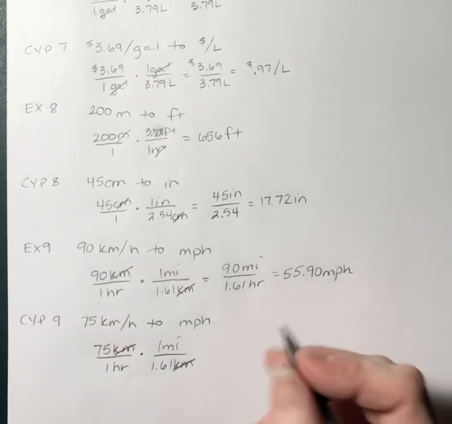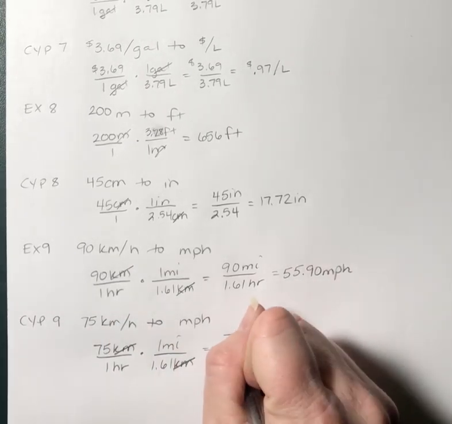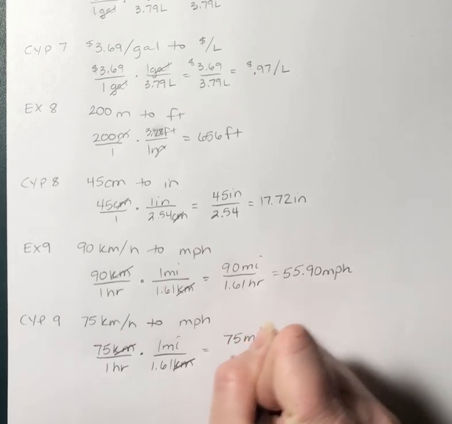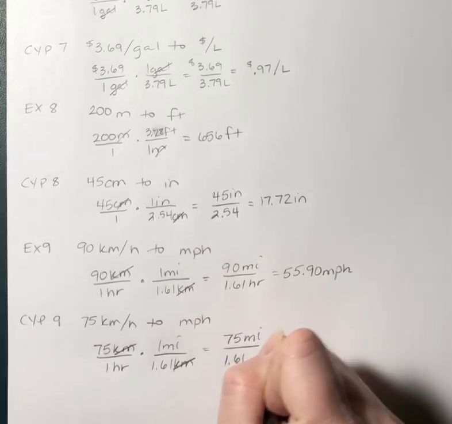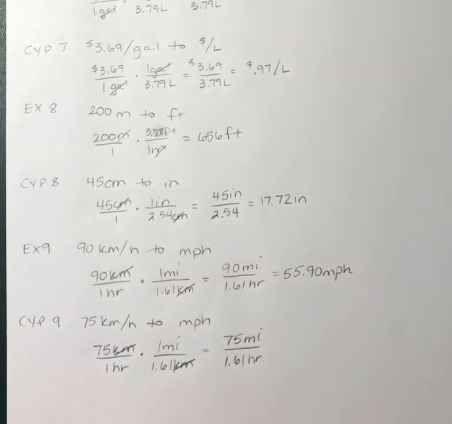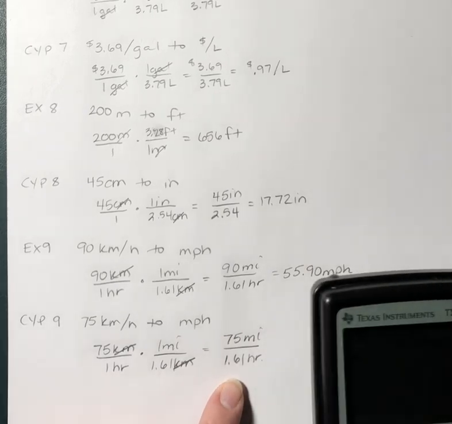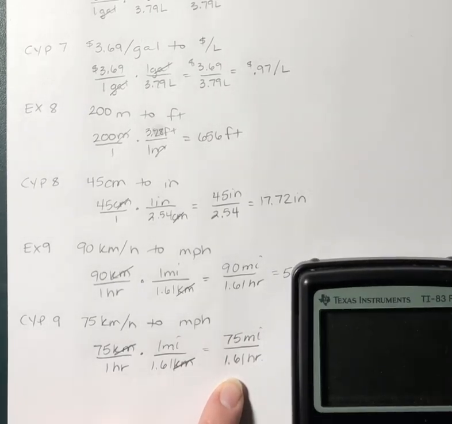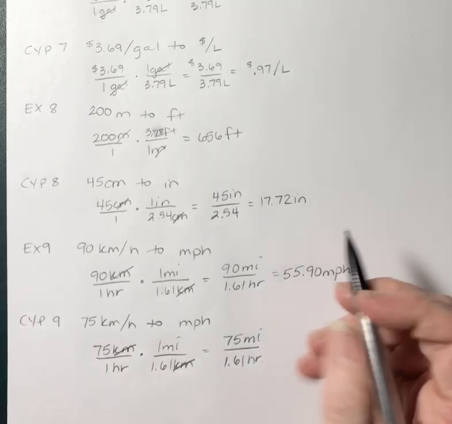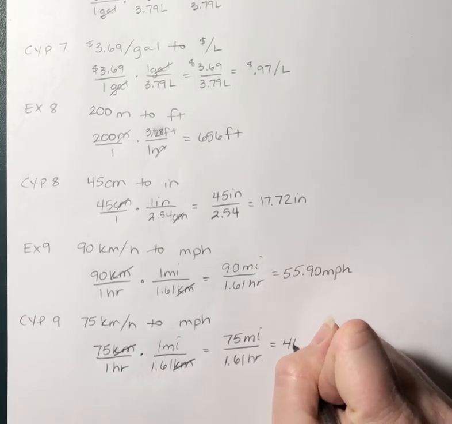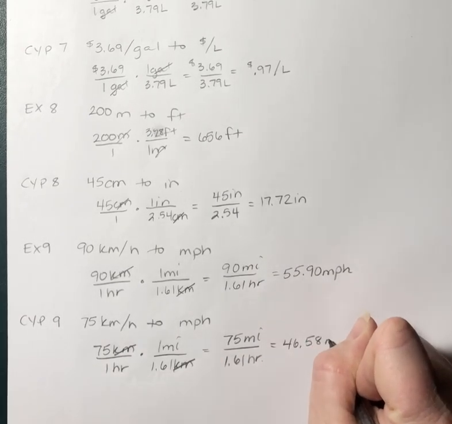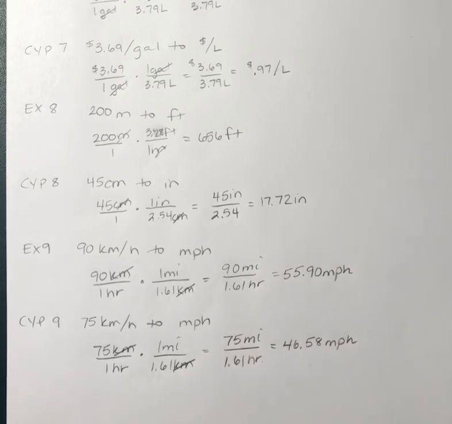I multiply across, so I have 75 miles over 1.61 hours, and round again to the nearest hundredth. So 75 divided by 1.61 is 46.58. And that is it for section 7.1.